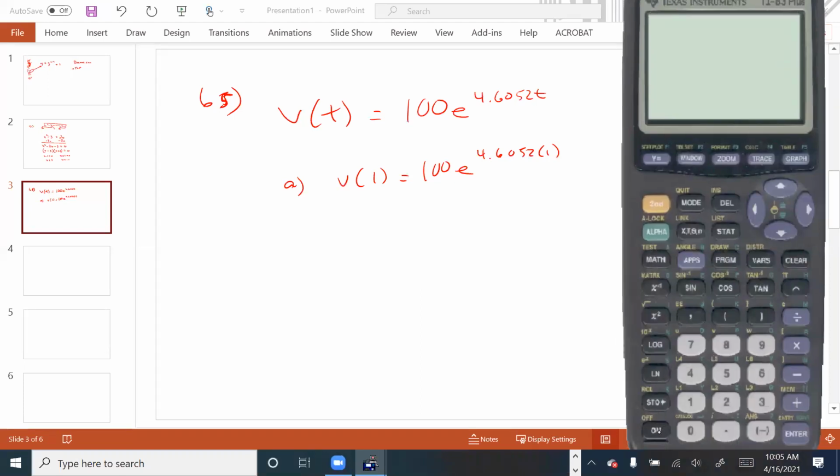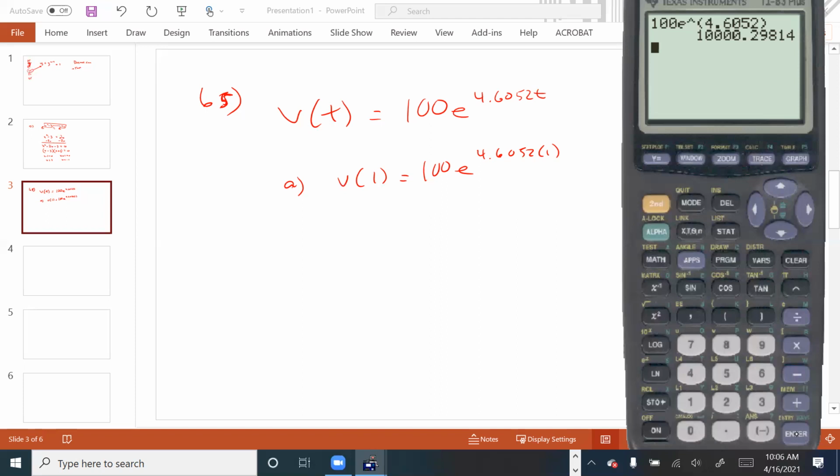So it's 100 e to the 4.6052. The e button is over here by the ln. So second function, and it already gets the caret in and sets up your parenthesis. So it's 4.6052 times 1, which is really just going to be the same number anyway. Are we good?